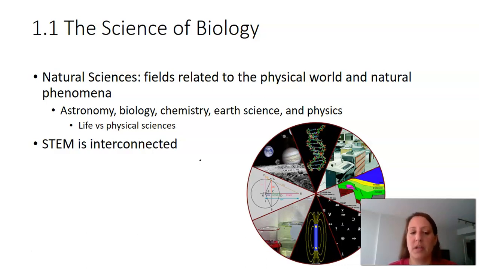We could break those up into the life sciences and the physical sciences, but there's kind of a gray line with some of those. So the life sciences would include biology, and the physical sciences is kind of where you would lump everything else. However, you know, within biology, we study chemistry. Okay, and the laws of physics also apply to biological processes. So again, those lines kind of get a little bit gray sometimes.